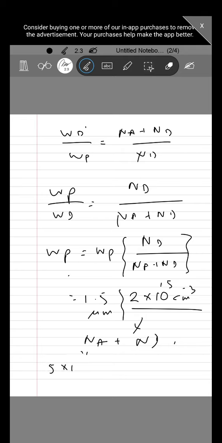If we evaluate, the value comes out to be equal to 1.2 micrometer. This is the width of the depletion region in the P side.